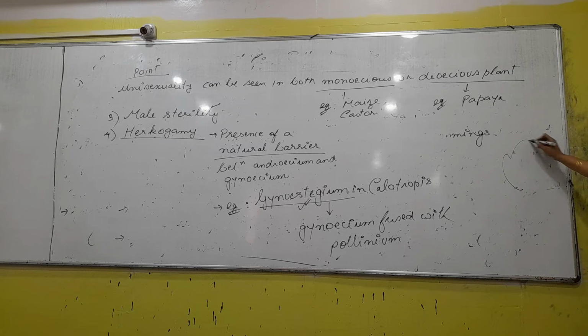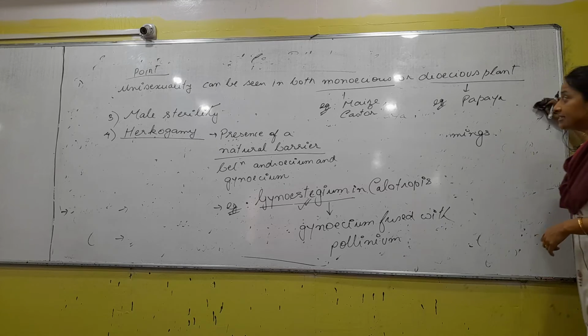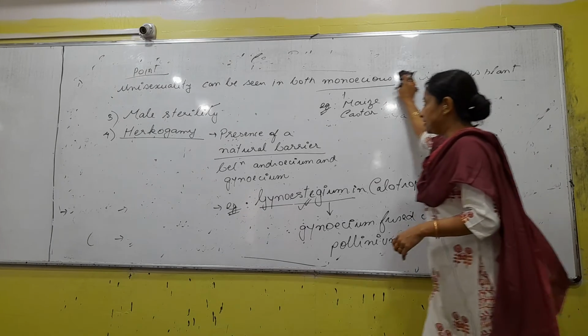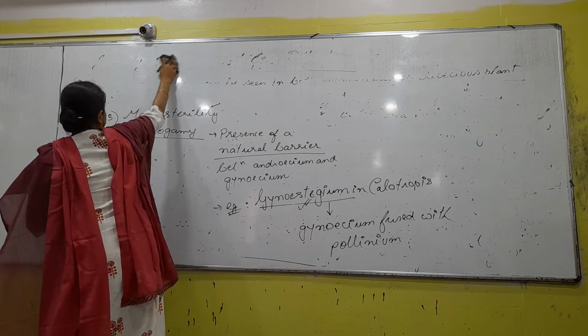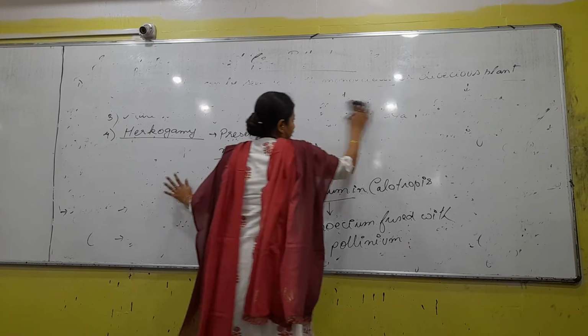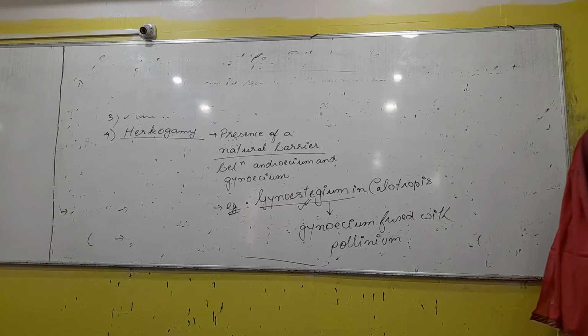Because you have a flower, you'll have the stigma and the stamen, and between them if there is a structure, like a wall, then they cannot mix, so ultimately they will depend on cross pollination, right? So the presence of a natural barrier also enhances cross pollination. If a natural barrier is present, the process is called Homogamy. Remember Gynosagium.